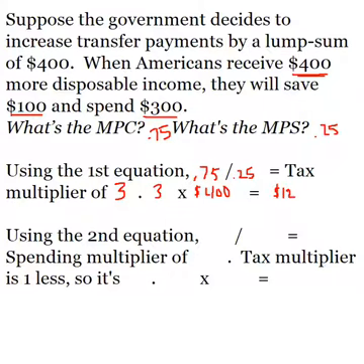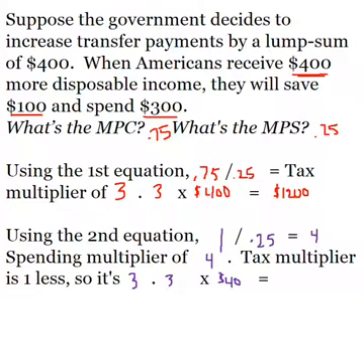All right, the second equation, we go through the spending multiplier first. So remember, that will be 1 divided by MPS, or 1 minus MPC. So there we have 1 divided by 0.25. 4 quarters in $1 gives us 4. If the spending multiplier is 4, because the tax multiplier is 1 less, it's going to be 3, which brings us back again to 3 times $400 equals $1,200.